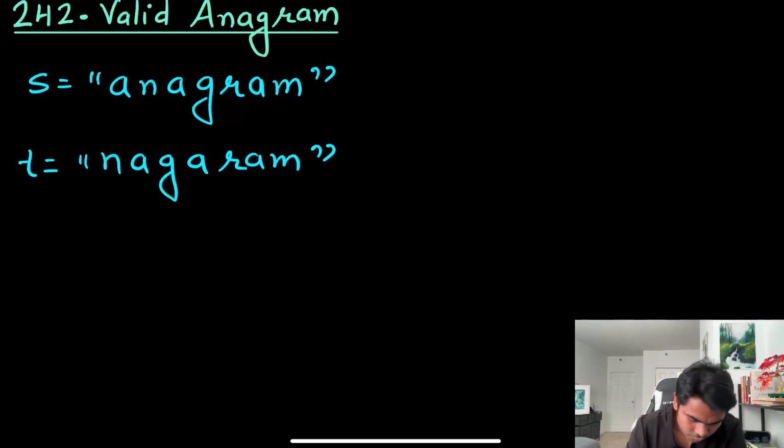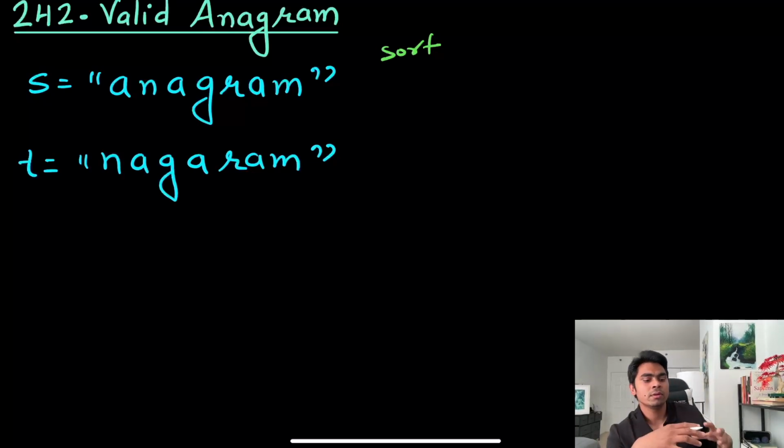So a brute force way of solving this problem would be, how about I sort both of them? Since these are strings, they contain characters, so the sorting function will sort all the characters lexicographically, which means that if a comes in our alphabet before b, then that's how they will be sorted.